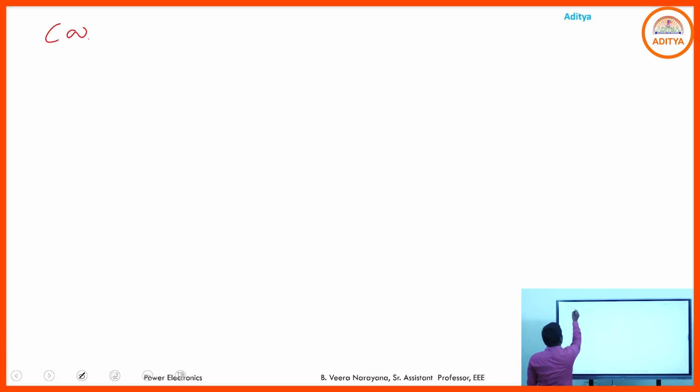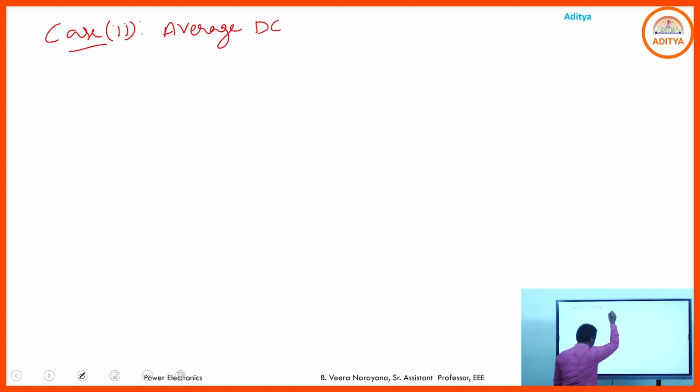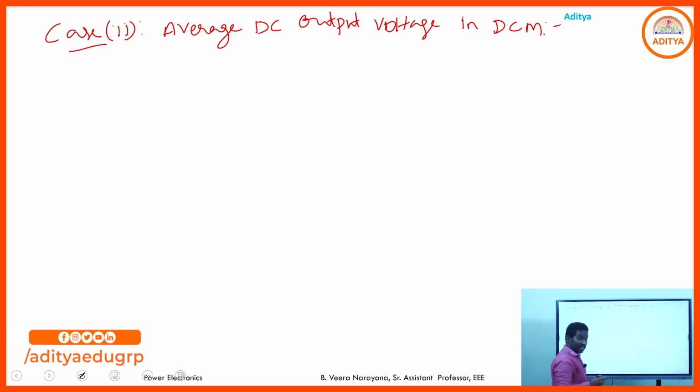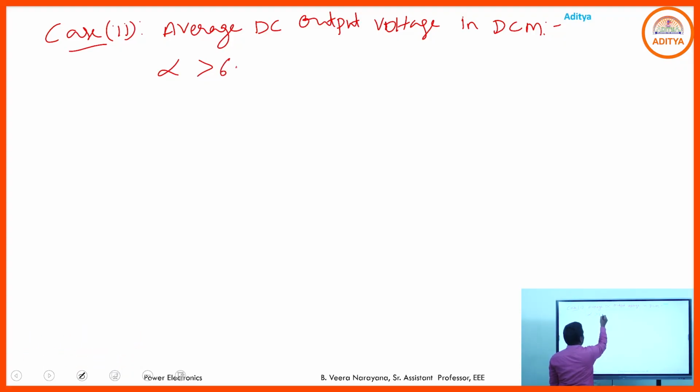Similarly, case 2. Average DC output voltage in discontinuous conduction mode, that is alpha greater than 60 degrees.